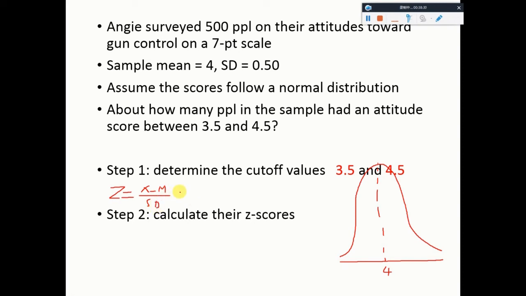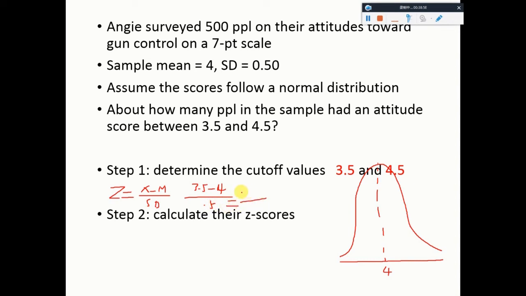So for 3.5, the mean of the sample from which 3.5 is drawn is 4. Then we divide this difference by the standard deviation, which is 0.5.